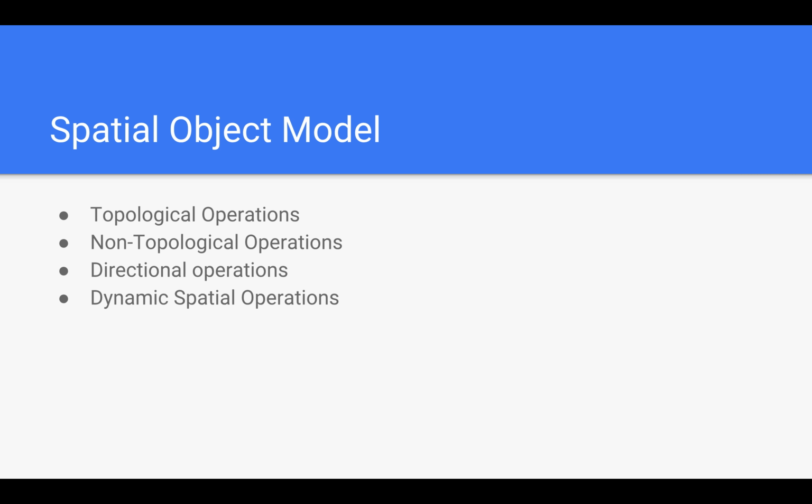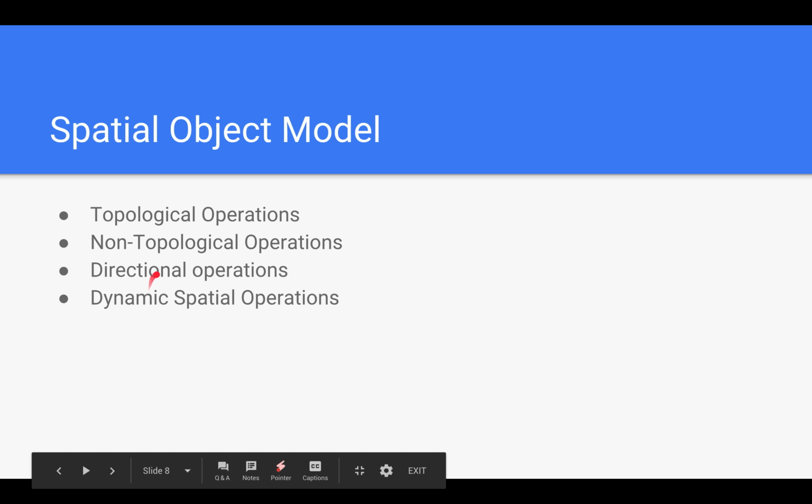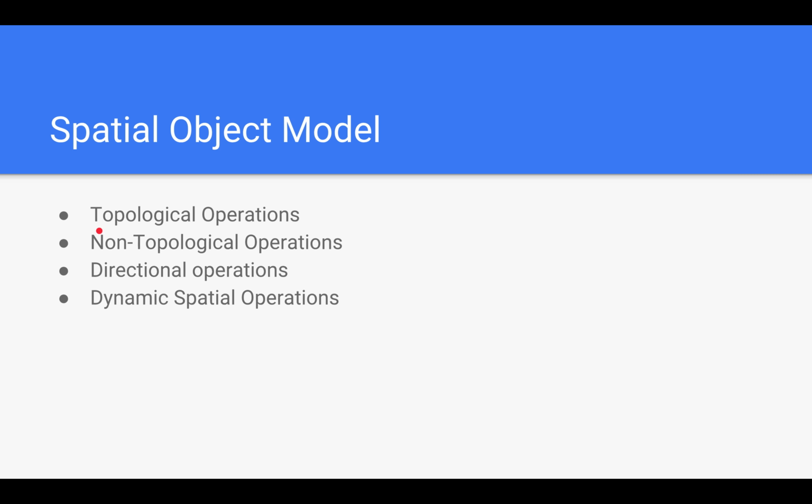For the spatial object model, we also care about how datasets interact with each other. There are four operations here. The first one is topological operation, such as whether a point is inside or outside a region, or whether two regions are connected or overlapped.